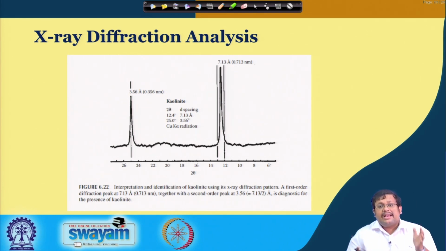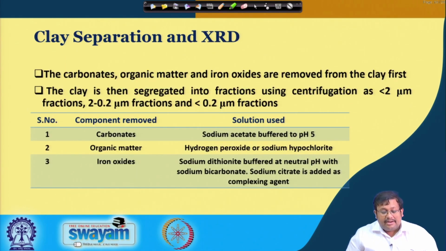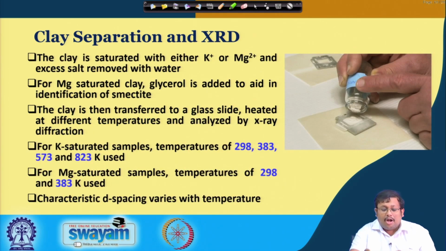So, this is how we can identify different types of clay minerals through X-ray diffraction. For X-ray diffraction, we do different types of pre-processing of the soils. All of those are mentioned here. We also prepare different types of slides.